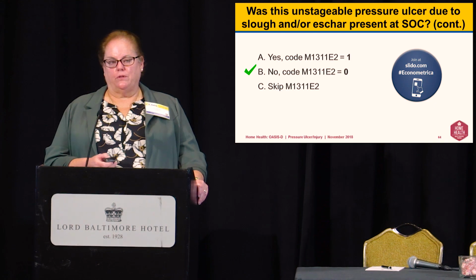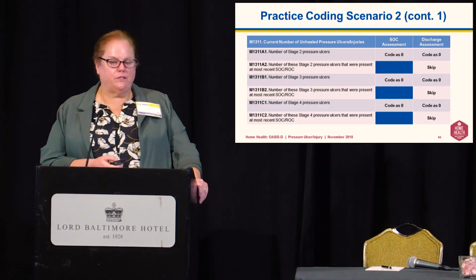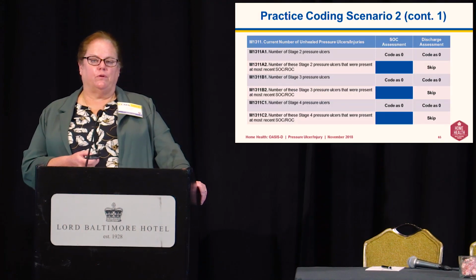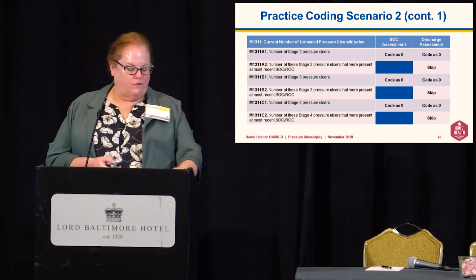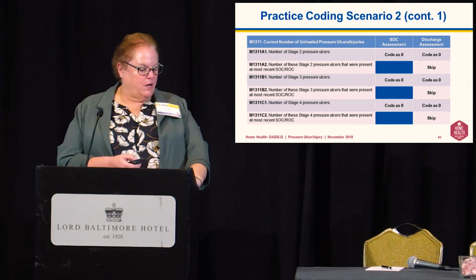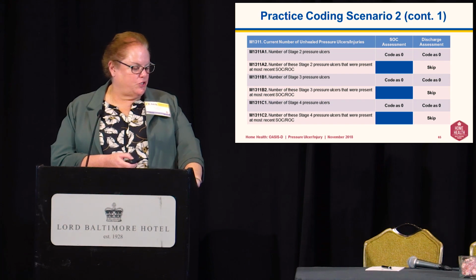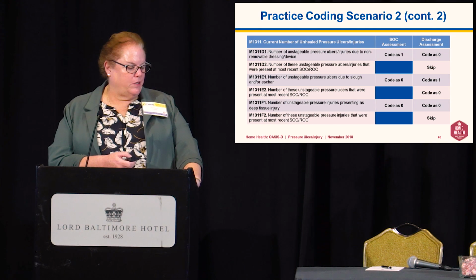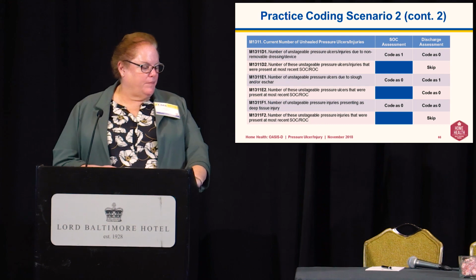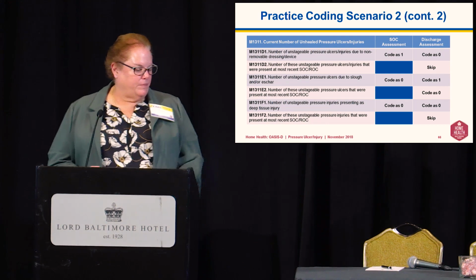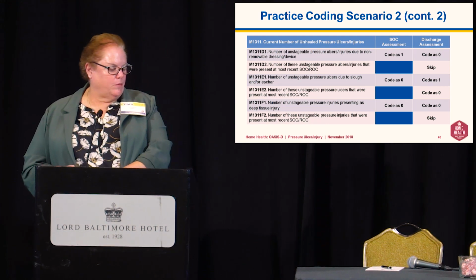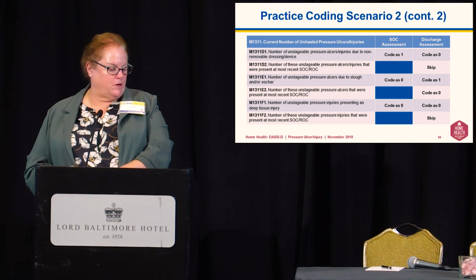Everyone seem pretty comfortable? And this is exactly how this would look if you were encoding this and using your sheet: the first sets of questions would all be zeros, so stage 2, stage 3, stage 4. And then on admission, we have that unstageable due to non-removable dressing. Discharge, we have 0.